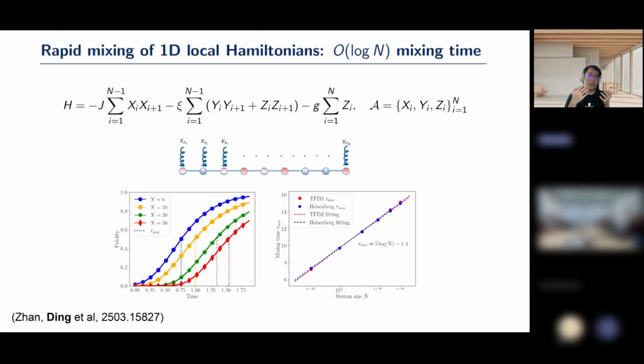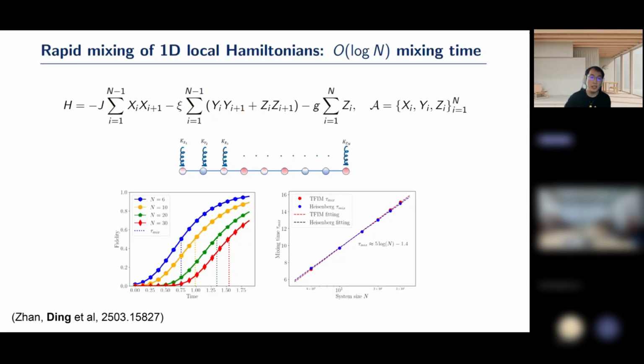The second example is a general 1D local Hamiltonian. If we use bulk dissipation, meaning that I put coupling operators on all the lattice sites, then we can show that when we increase the system size, the mixing time can be logarithmic in the number of qubits. This is a very fast mixing time, and we often call it rapid mixing.